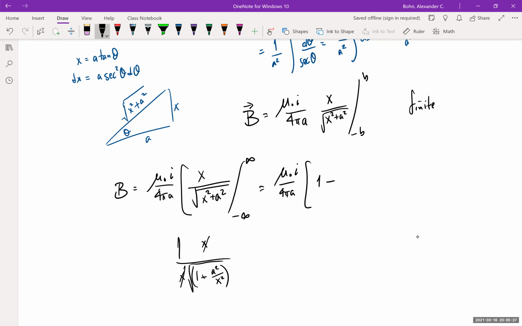Minus, what do we get when we plug in negative infinity? And now here's the trick.